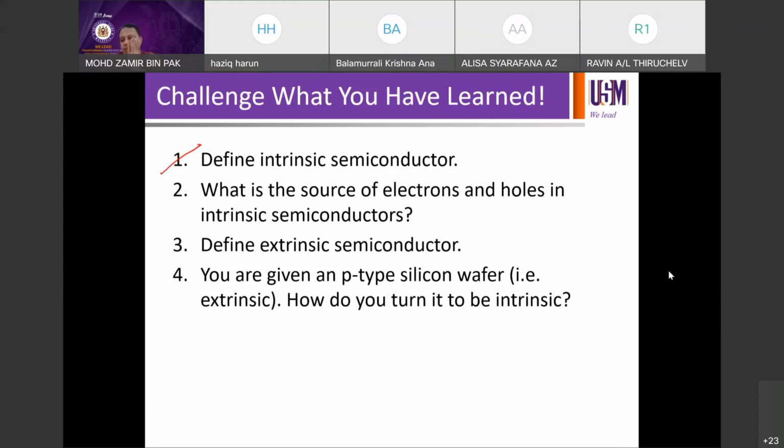Ravin, can you unmute yourself? I can't hear you, Ravin. Ravin, any idea? Where do you get thermal excitation, Ravin? Yes, Ravin.